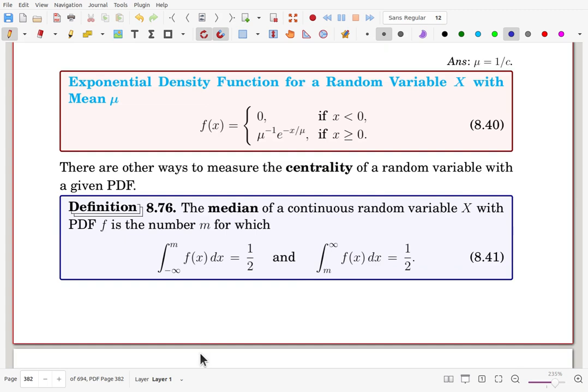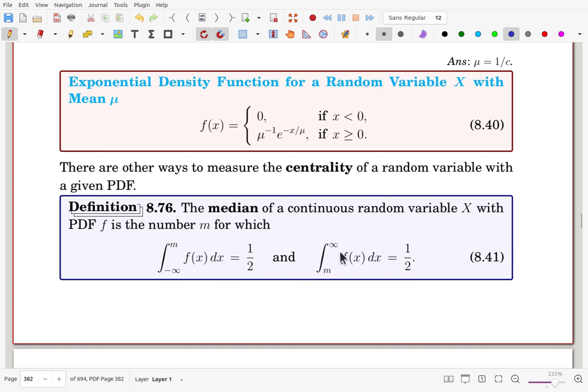Now, we can also measure the centrality of a random variable with the median rather than the mean. The median is the center of the whole events, so the median m is defined in this way: the integral from minus infinity to m of the PDF is half, and then automatically the integral from m to infinity must be half.